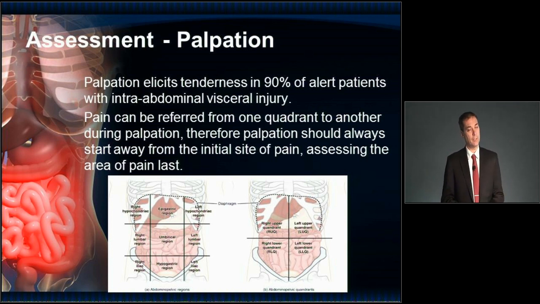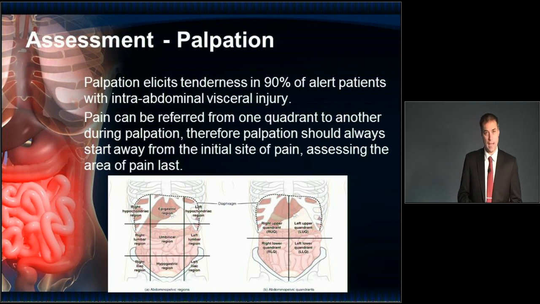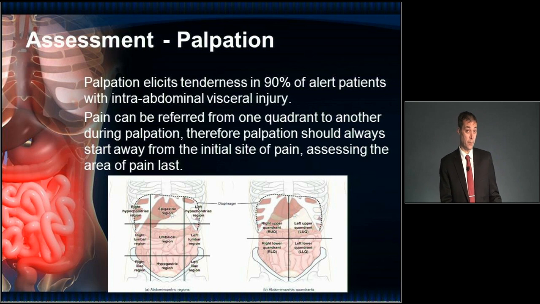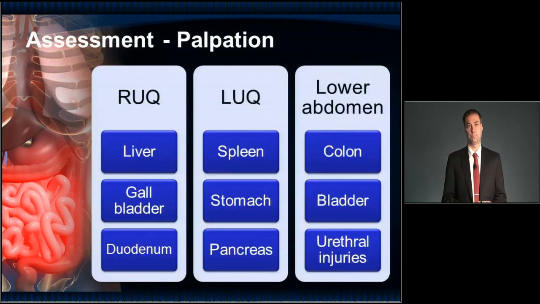So to improve accuracy of palpation, you should always palpate in the area most distal from the patient's pain. So if the patient has pain in the left lower quadrant, you want to start palpating in the quadrant most distal, which would be the right upper quadrant, and so on.